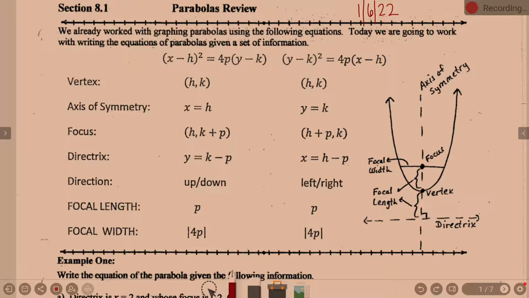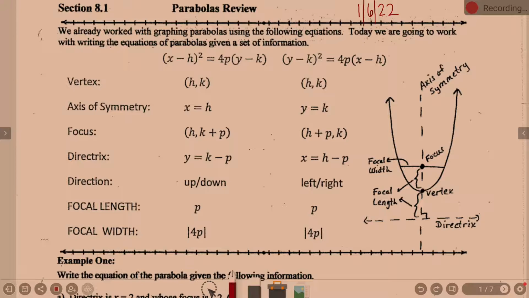The left column, right here at top, x minus h squared equals 4p times y minus k, is your basic setup for a parabola that opens up or down. If you look closely, the basic parabola you know is y equals x squared, a parabola you've known since Algebra 1.